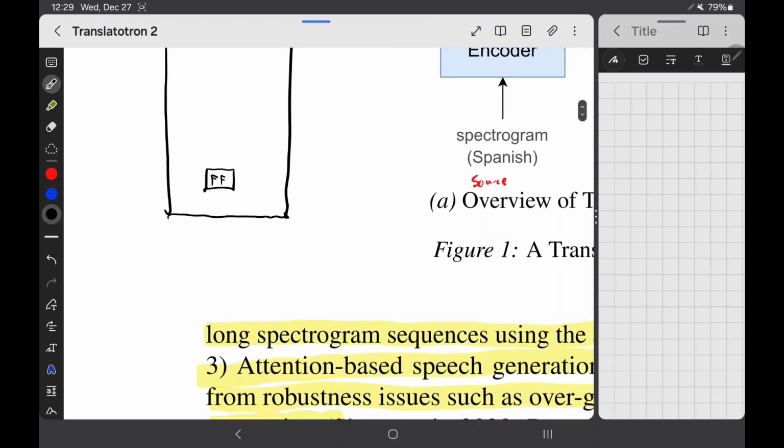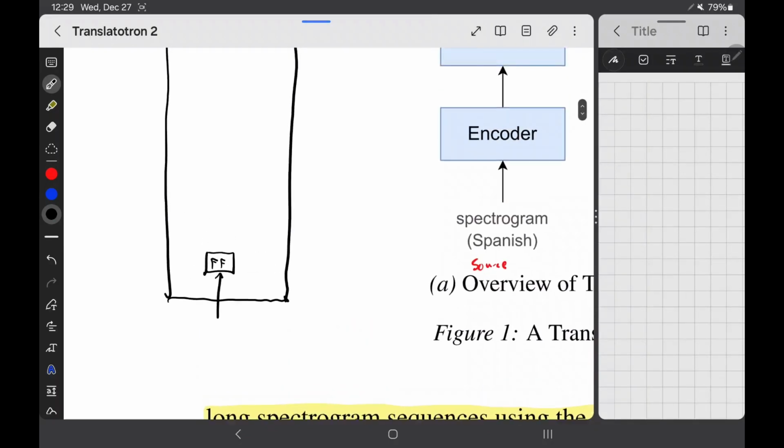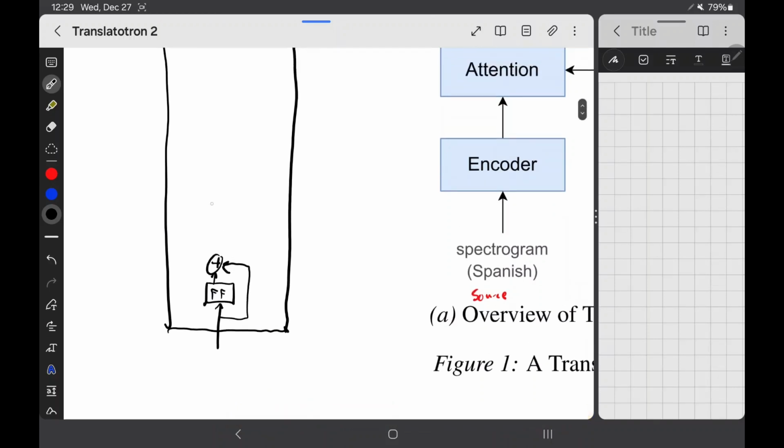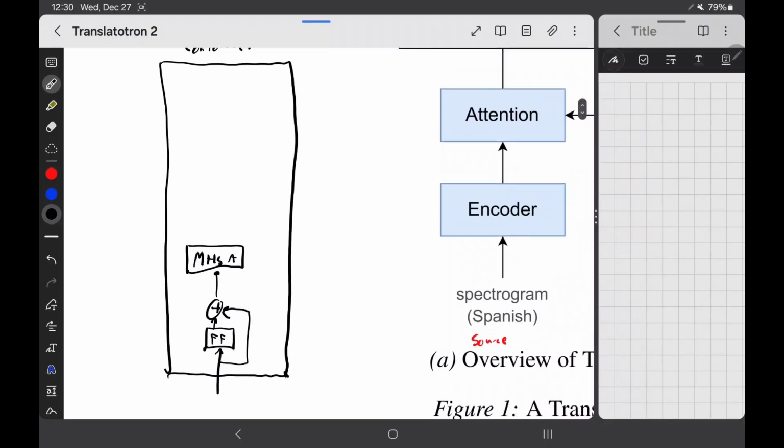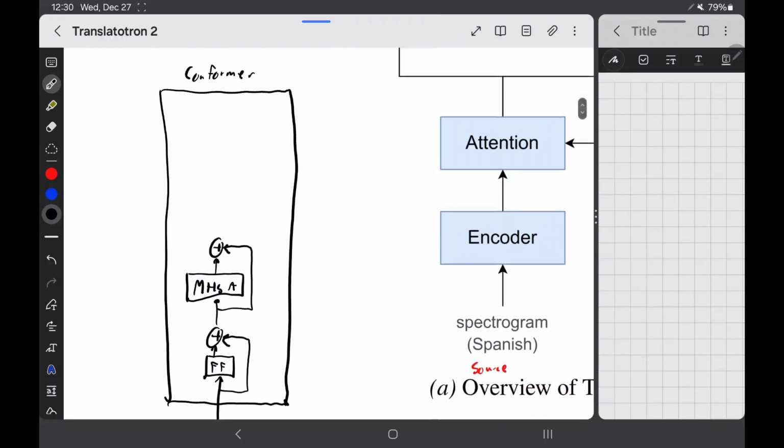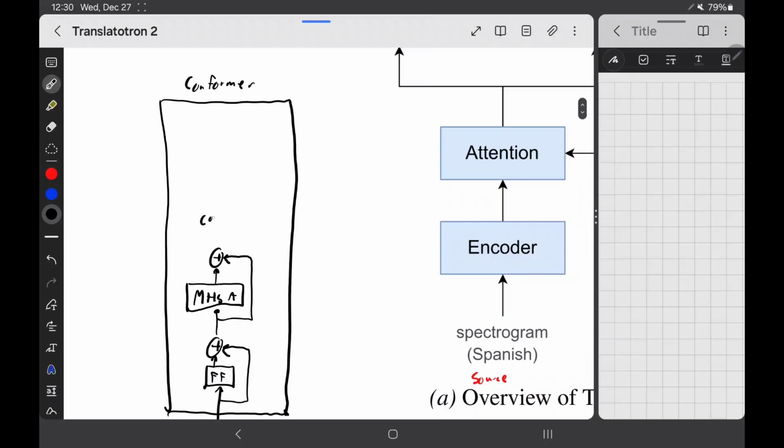So maybe you have some special blocks in here. You have a feed forward layer, and then you add the output of the feed-forward layer, so just a residual connection. And of course, you have your multi-head self-attention layer. What model would be complete without your self-attention layer? And residual. And then you have a convolution.